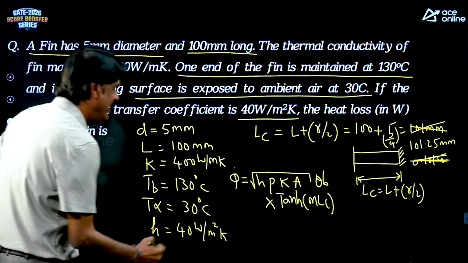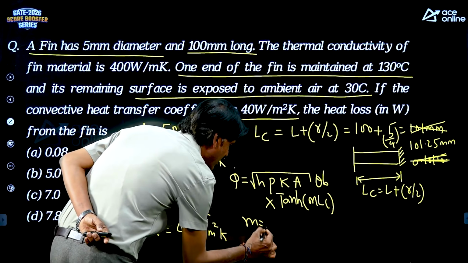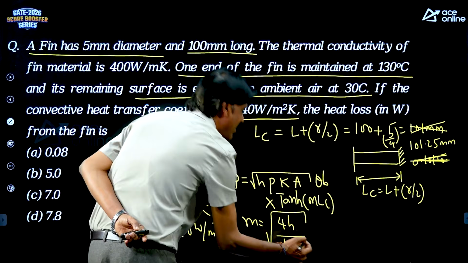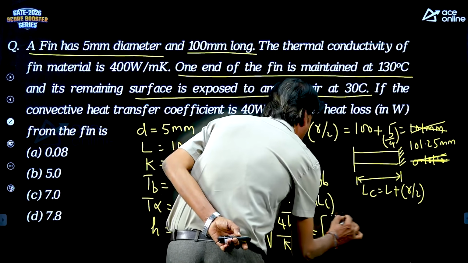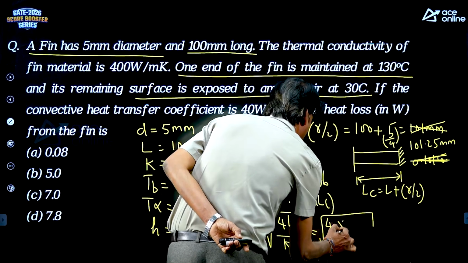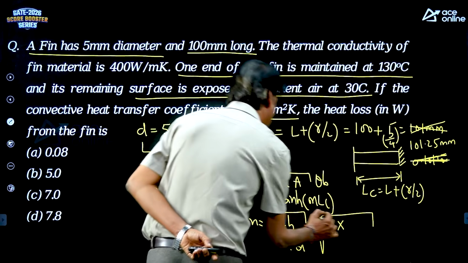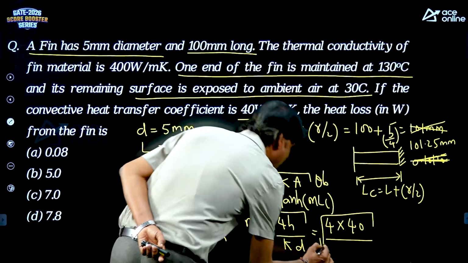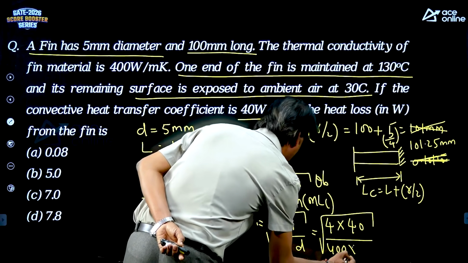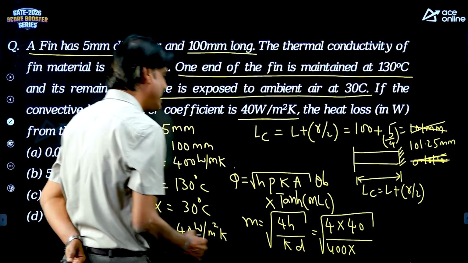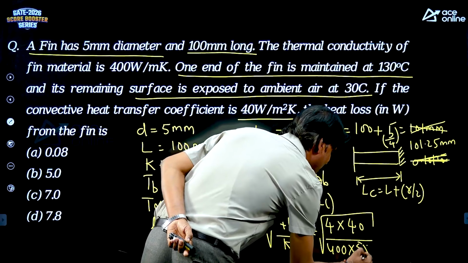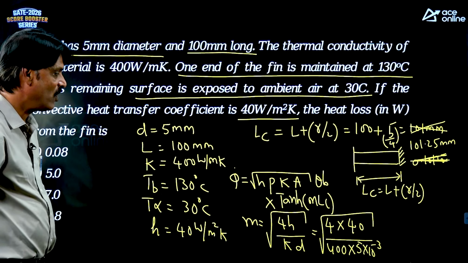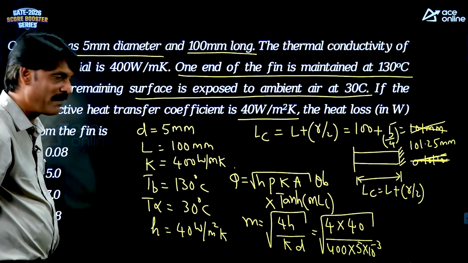If you calculate m, it is under root of 4h by kD, which is under root of 4 into 40 divided by 400 into 5 into 10 power minus 3. So you will get the value of m.